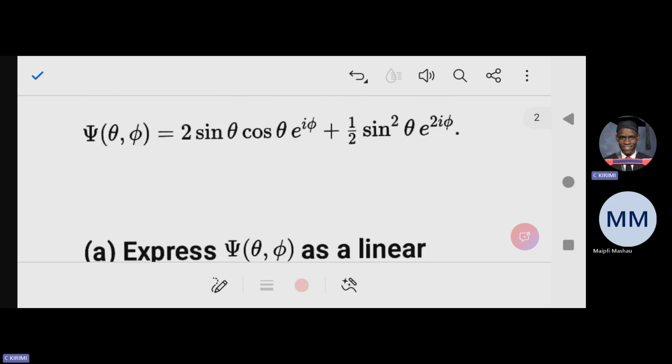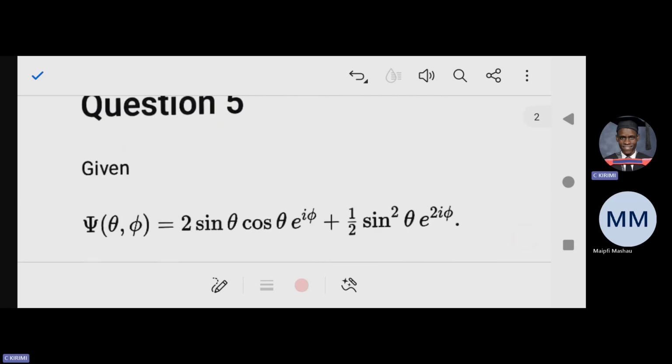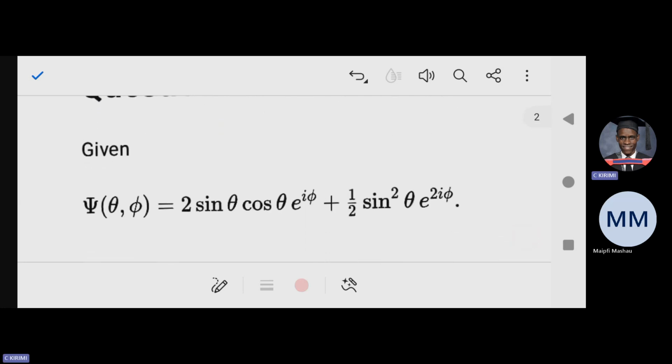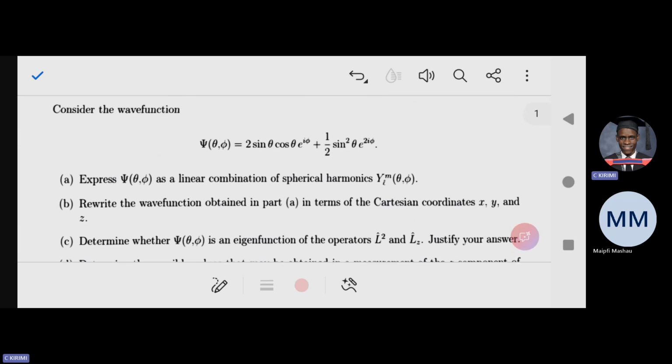Okay. So you substitute in the original equation. What is the value of m? M is 1, isn't it? And then L is what? Positive 2. So the original equation is this one.